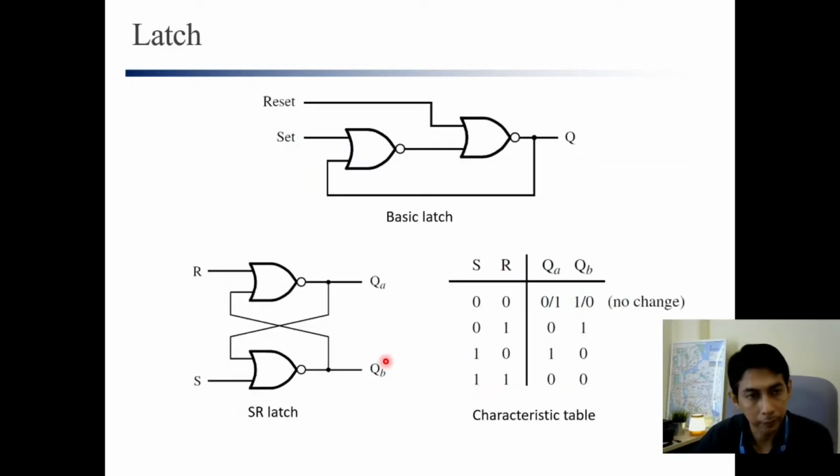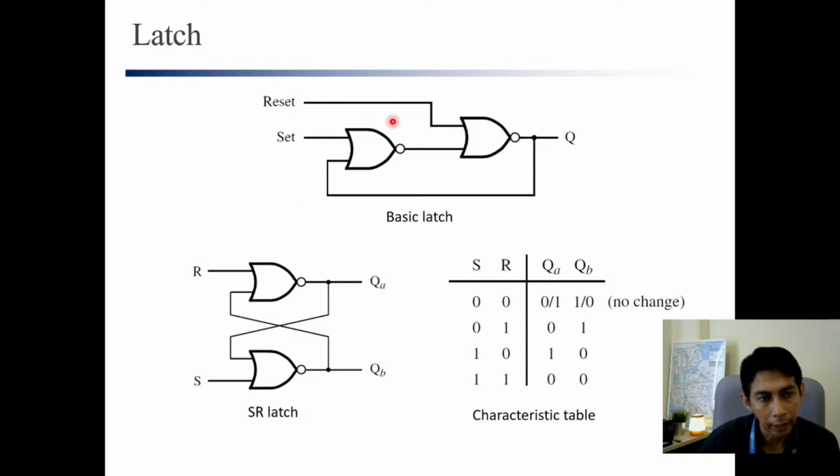All right. So what makes the sequential circuit? The basic component is the latch, because a latch gives you memory. All right, so you can store a value in the latch.